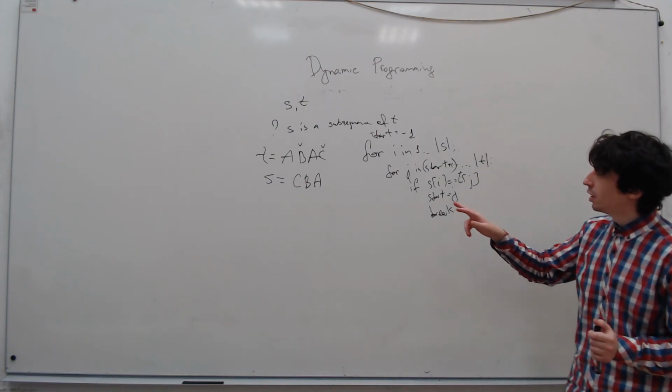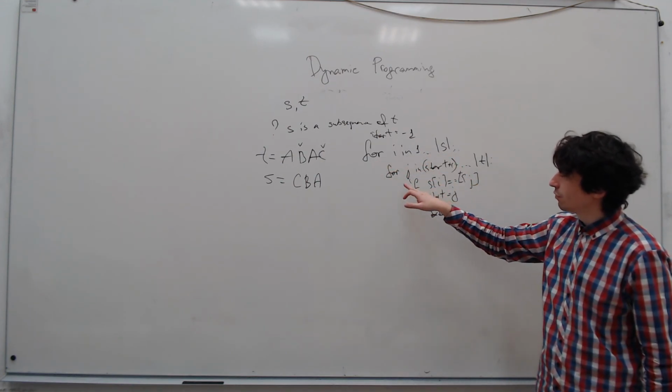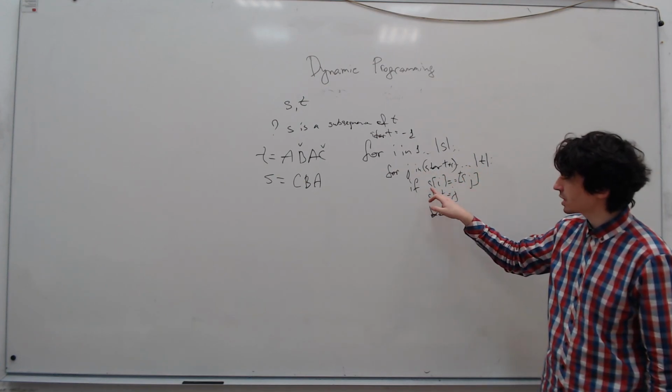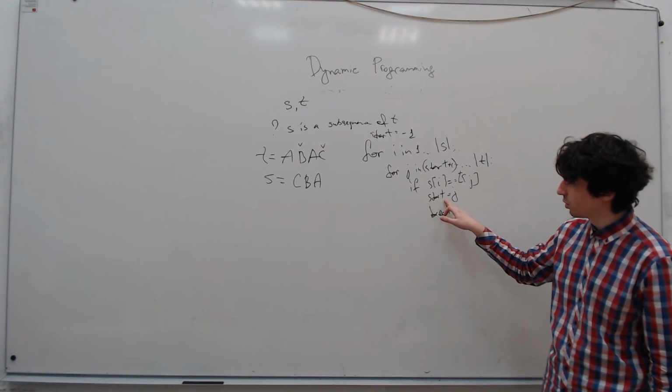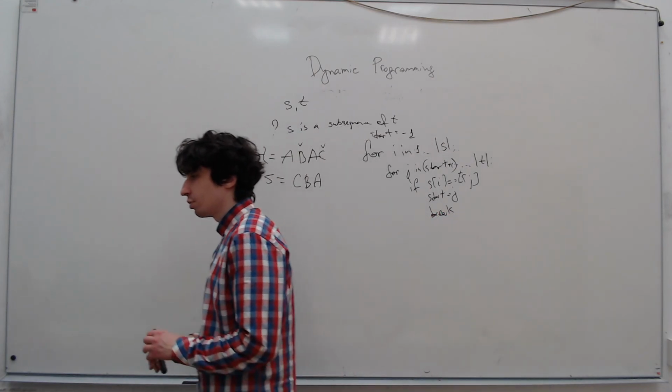So you have: for I from 1 to S, then for J from start plus 1 to T, and if Si equals Tj, then we set start equals J and we break. So here is the algorithm.